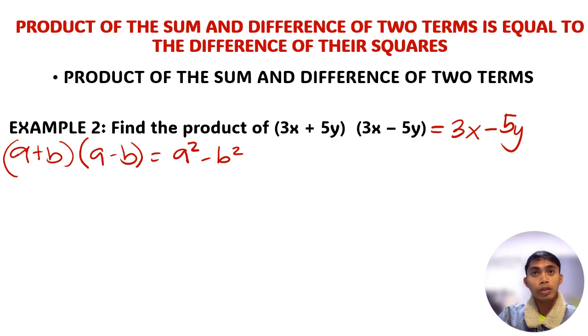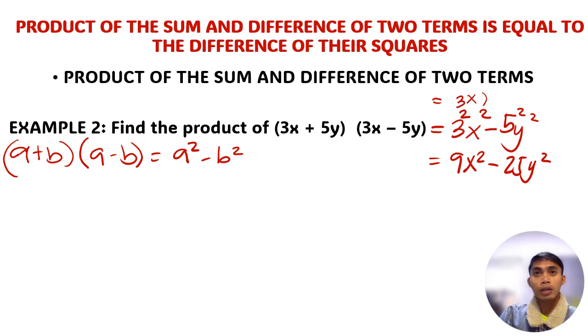So we need to put squared on both terms, the numerical and literal coefficient, from the given formula. Therefore, 3 times 3, that is 9x squared. Copy the x squared, minus 5 times 5 is 25y squared. So that is 3x, put squared on the first term, then the second term is 5y squared.